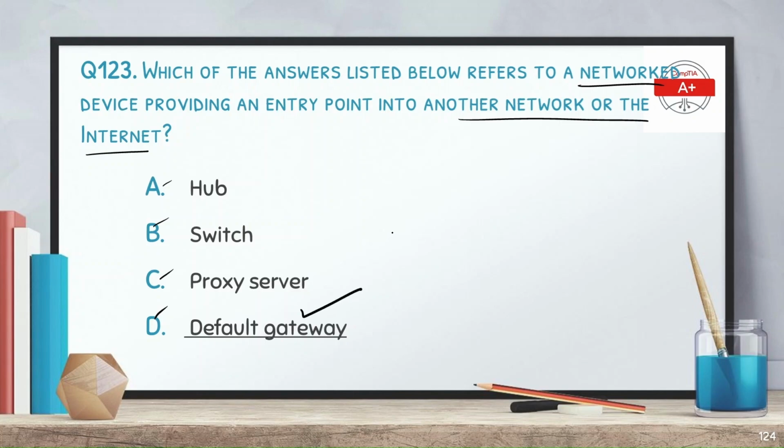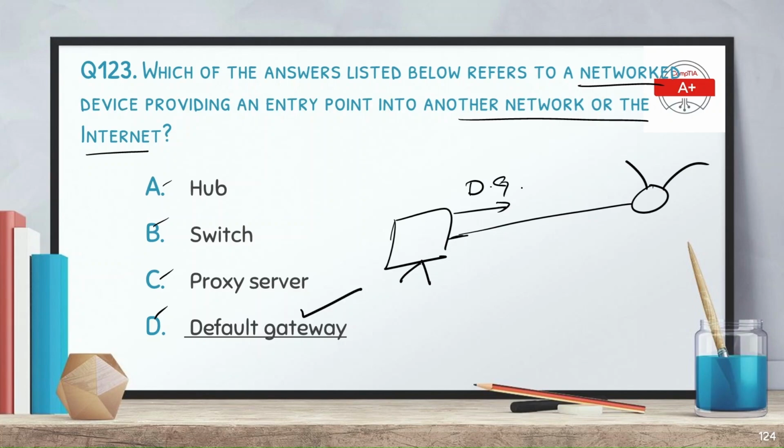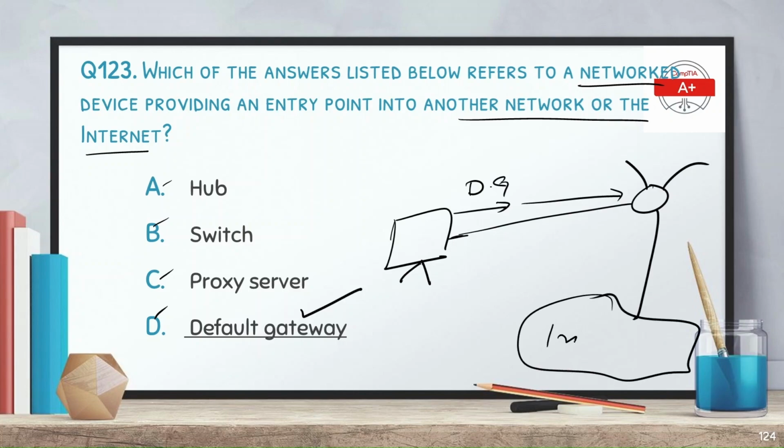So let's suppose your mobile device or your laptop is connected to the access point. This is the access point. So your laptop or your mobile device's default gateway is this access point, and this access point basically connects you to the internet or outside network.